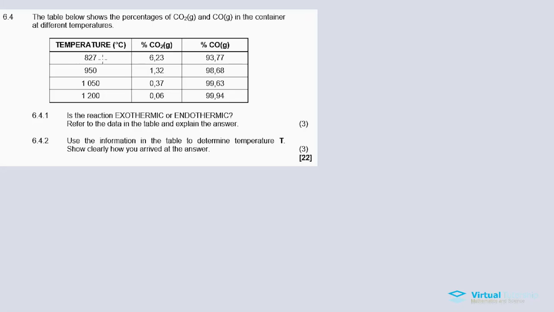So it simply means the forward reaction is endothermic. So is this reaction exothermic or endothermic? It's endothermic. 6.4.1, it's endothermic. Why? Here's the reason.